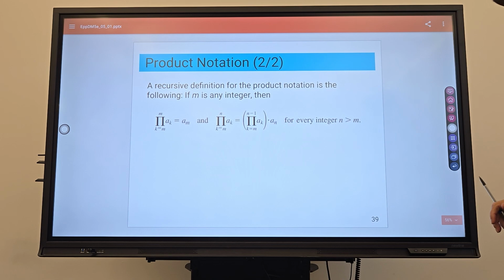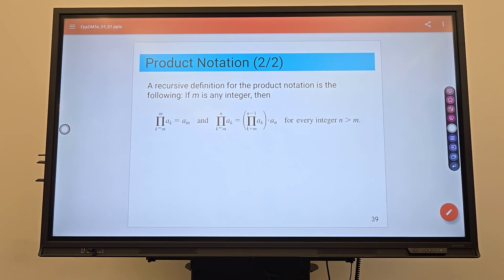There we go. A recursive definition for the product notation is: if m is any integer, then the product of a sub k from k equals m to m equals a sub m.